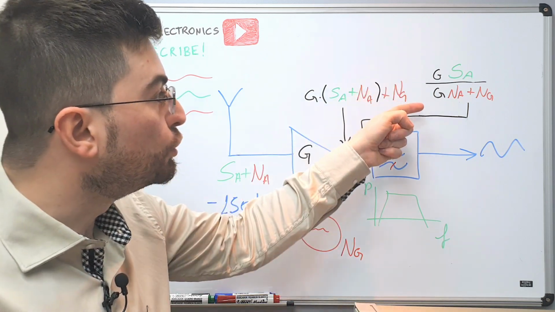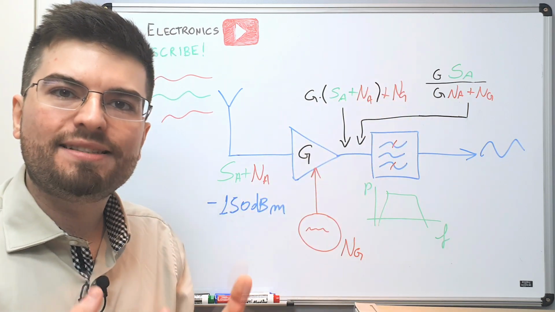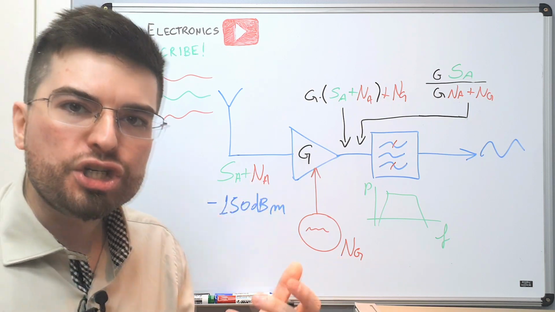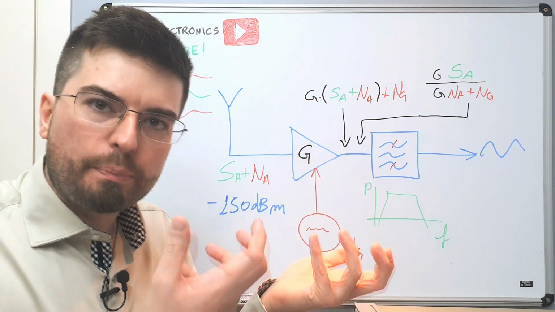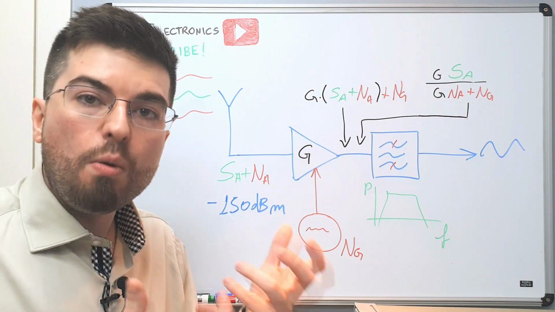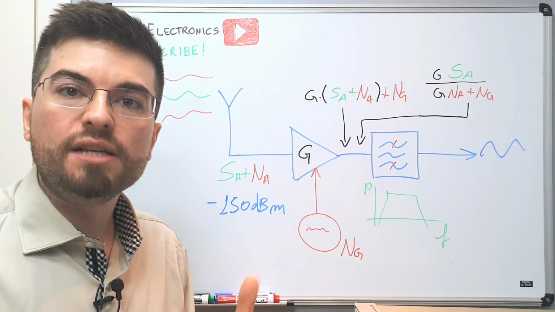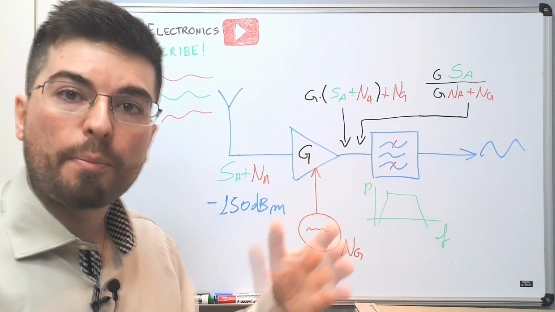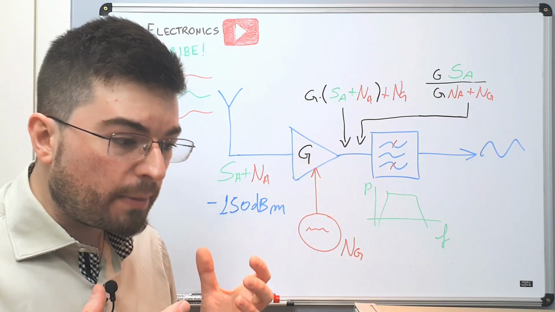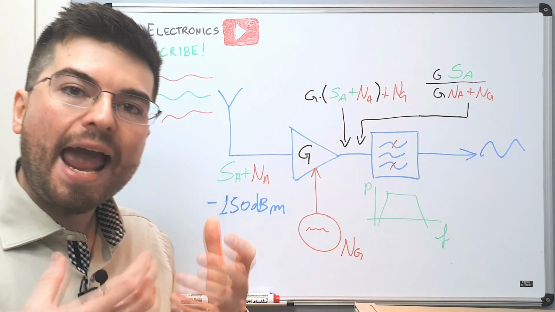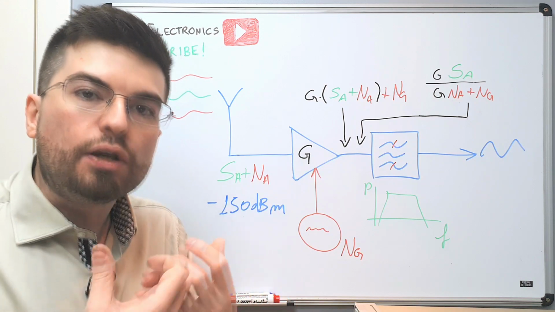The signal to noise ratio represents exactly what matters. How much larger is the signal with respect to the noise? And we can see how much the signal to noise ratio is degraded in each step of the receiver. So we can think about signal to noise ratio as our ability to decode the signal.